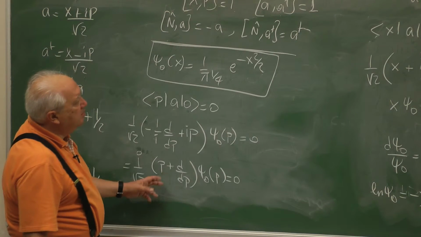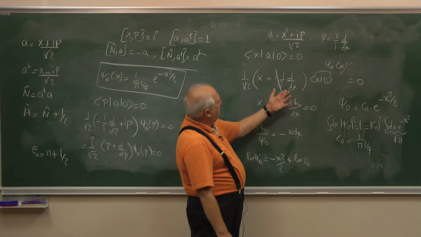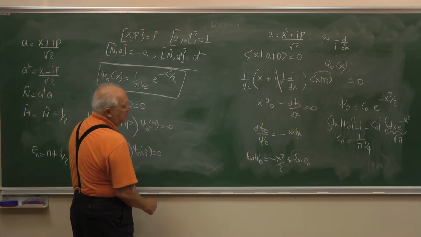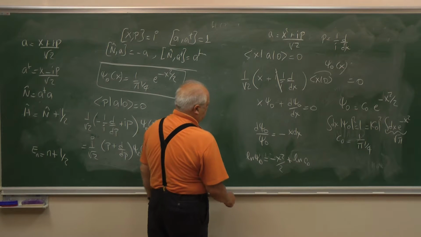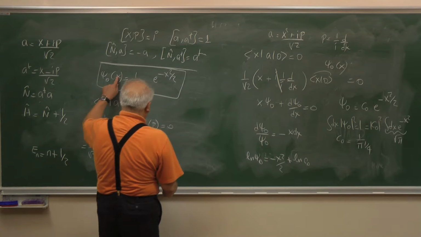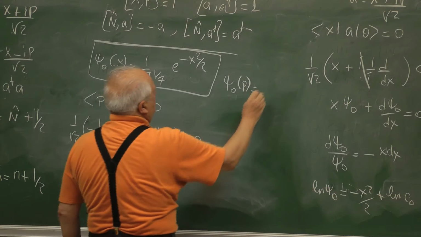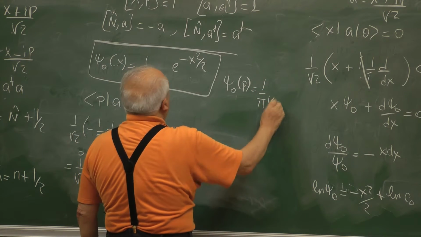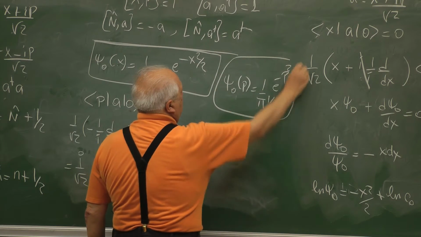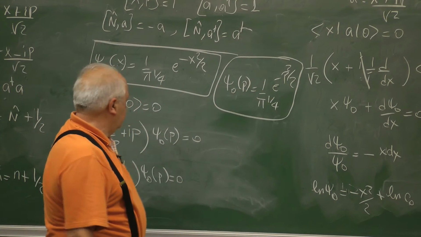I don't need to solve it anymore because if you just look at it, just replace x by p, it's the same differential equation, so I can even write the normalized wave function immediately. Psi 0 of p is equal to 1 over pi to the 1/4 e to the minus p squared over 2. I remind you again that these are dimensionless variables.